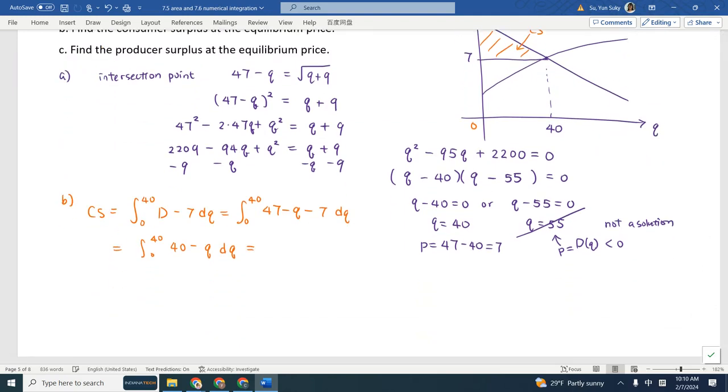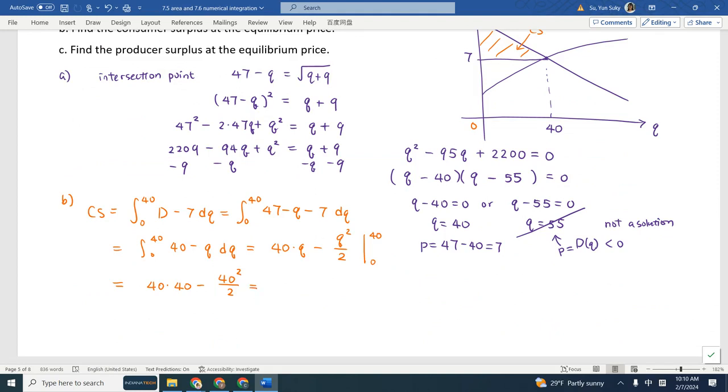Okay, so let's integrate that. What's the integral of 40? 40 times Q, right? What's the integral of Q? Yeah, Q squared over 2. Evaluate from 0 to 40. Right, everybody? We plug in 40. So 40 times Q is 40 times 40, minus 40 squared over 2.